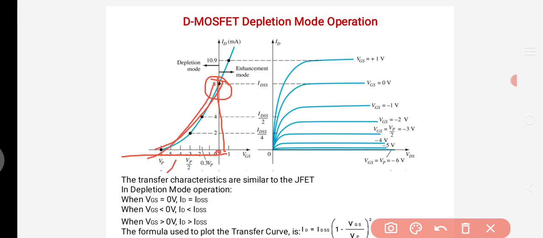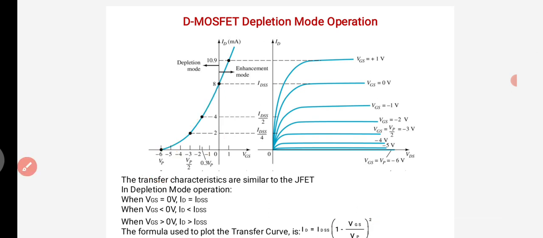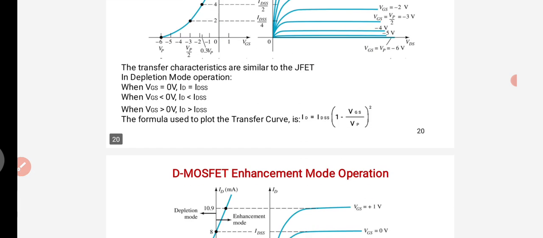When it reaches VGS equal to VP, that is called the pinch-off voltage. To draw the transfer curve, we use the formula ID equals IDSS into (1 minus VGS by VP) whole squared. These are the transfer characteristics of the depletion mode MOSFET.